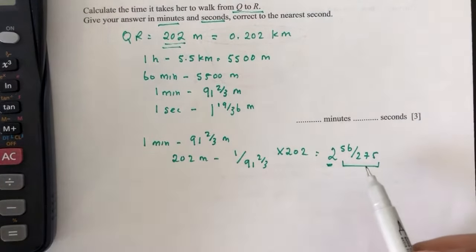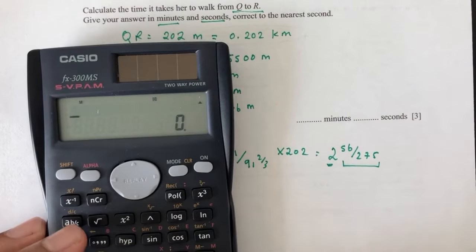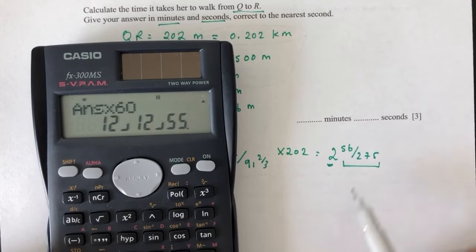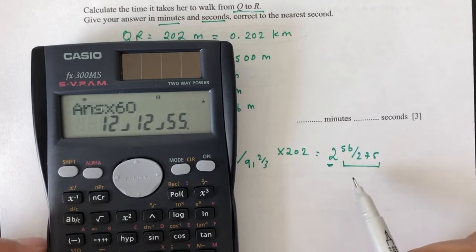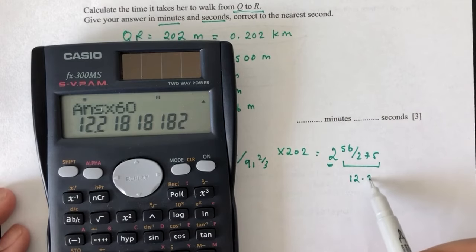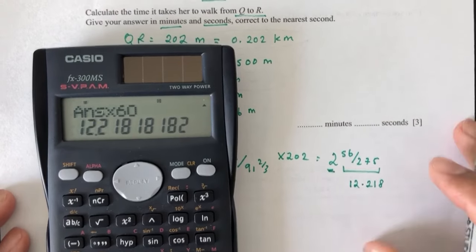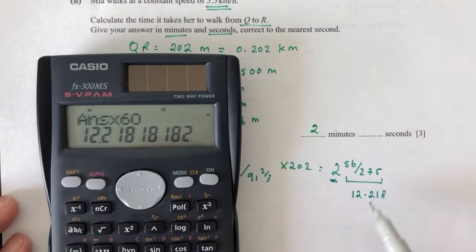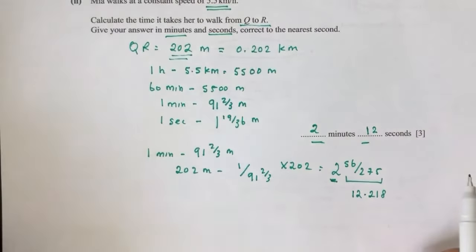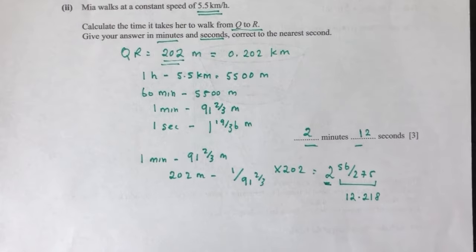So how much is that in seconds? Let's find out. 56/275 times 60. That will be 12.218. So your answer will be, it will take 2 minutes and about 12 seconds. And that is your answer for part 2. And that was question number 7.